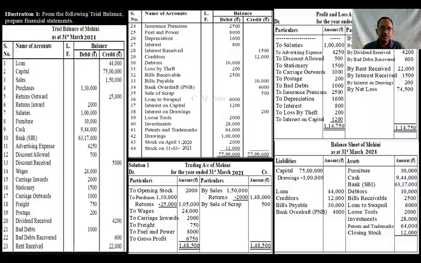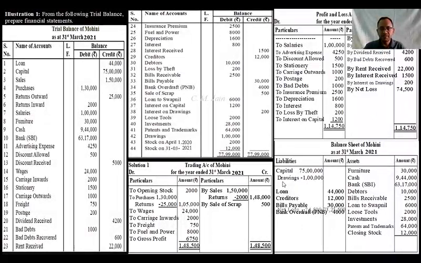Now, where will this net loss be transferred from here? Right. This will be adjusted in capital. If there would have been profit, we would have added the amount of profit to capital. But since it is loss, it will be deducted from the amount of capital.